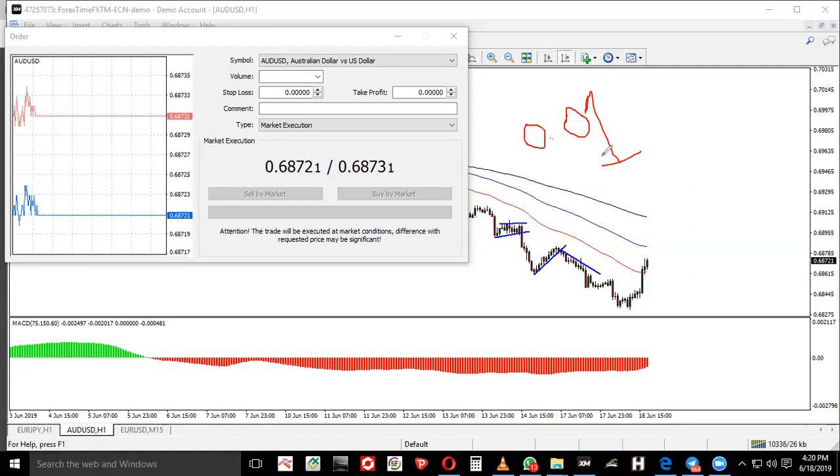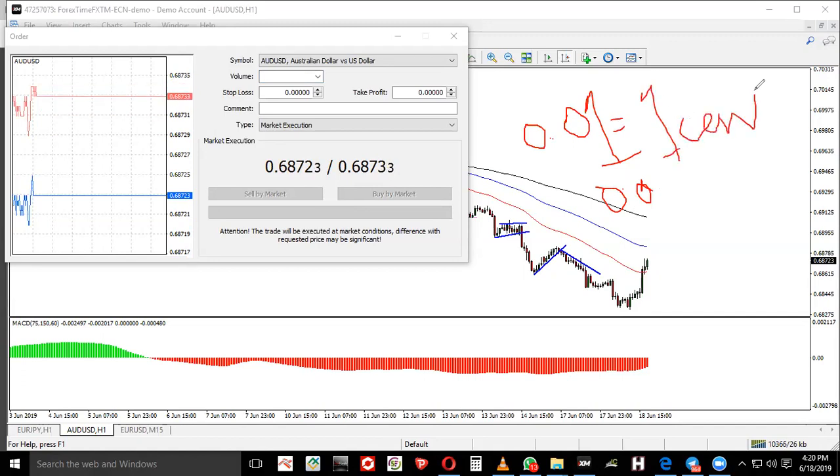It must be 0.0 something. So you can have 0.01, 0.02, 0.03, 0.04, 0.05. And what this 0.01 means is that it equals 1 cent.